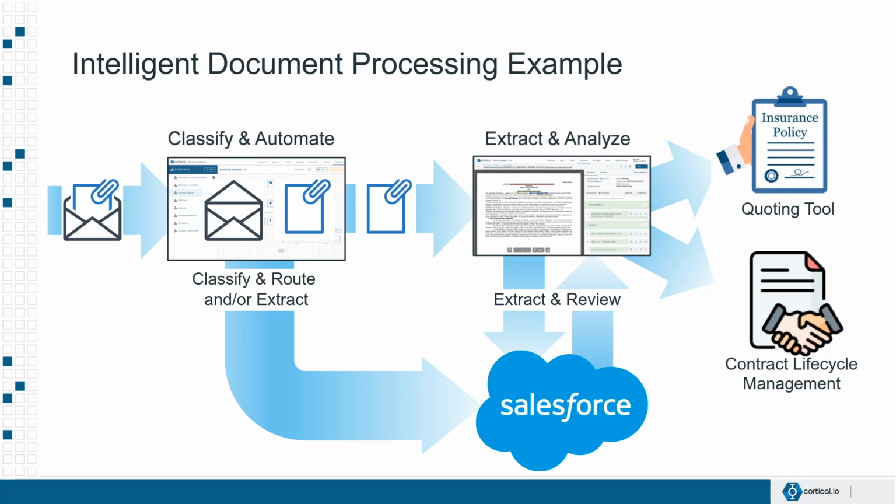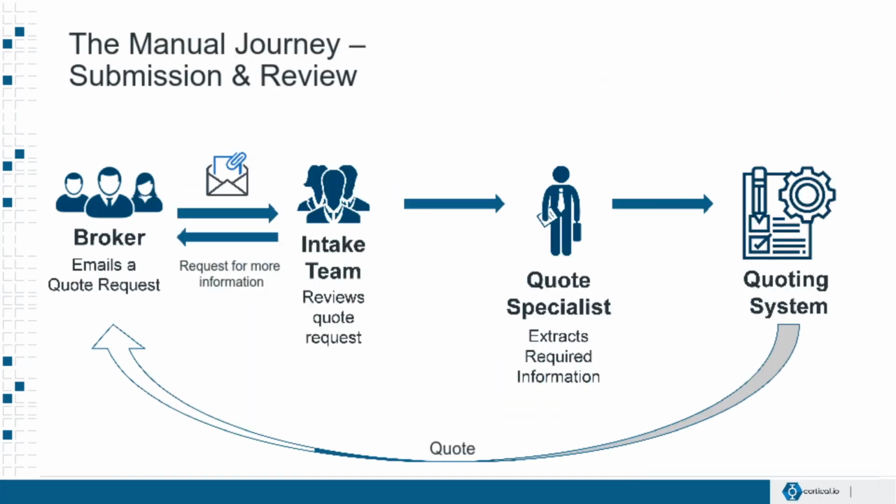Our classify and automate system can read the email, read the body, classify the information, and then route it or take some action, including pushing it to our extract and analyze solution, as well as pushing to Salesforce and creating a record within Salesforce. Information can then be extracted and again can be integrated with Salesforce, with a quoting tool, with a contract lifecycle management, or some other system of record.